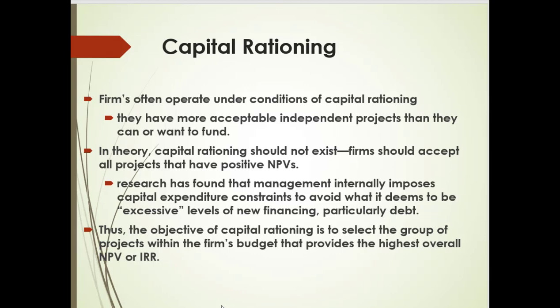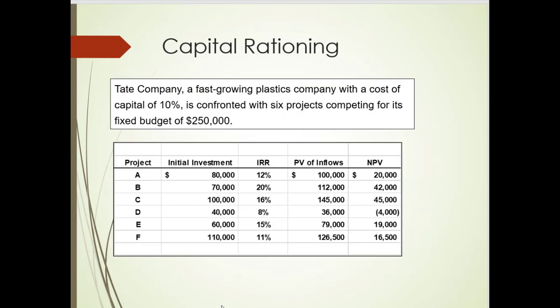So the objective of capital rationing then is a violation of all of that, but it's a real life process and technique and constraint that we have to be aware of. So the objective then is to find the set of projects that are going to either give us the highest overall net present value or internal rate of return. So here's the process of how we can do that.